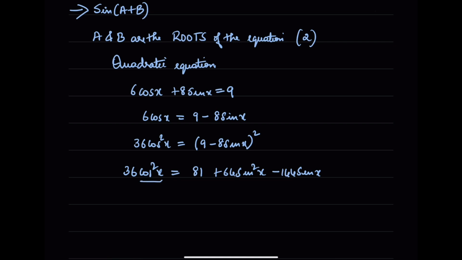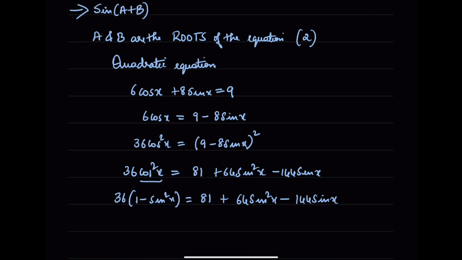Now let's change cos square x to sine square x by applying the trigonometric identity, which is 1 minus sine square x. So 36 times 1 minus sine square x is equal to 81 plus 64 sine square x minus 144 sine x.